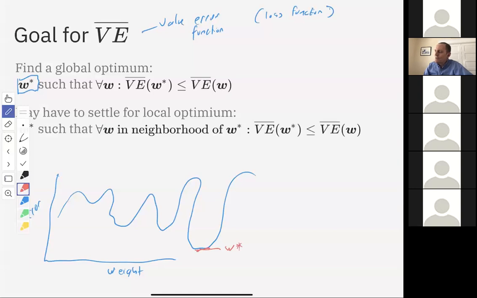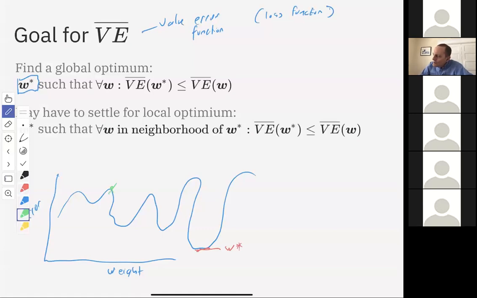But the way we may be traversing through this is we may be, let's say, starting here, and then we're going to do gradient descent, which is basically the opposite of hill climbing. Hill climbing is when you get to the top of hills. Gradient descent is when you want to get to a valley.